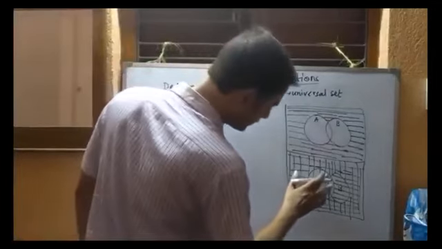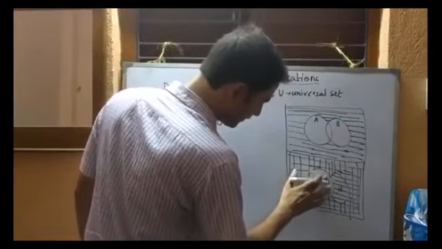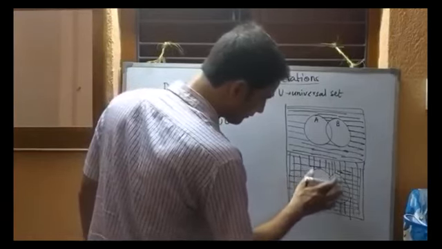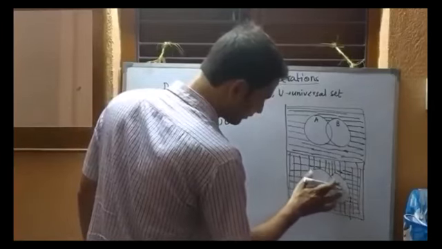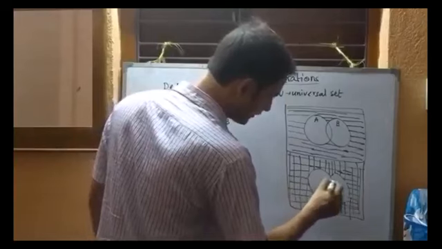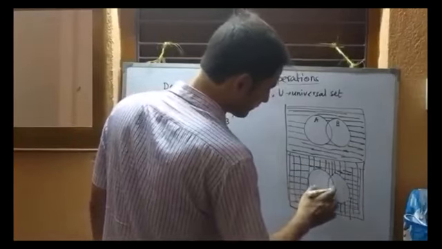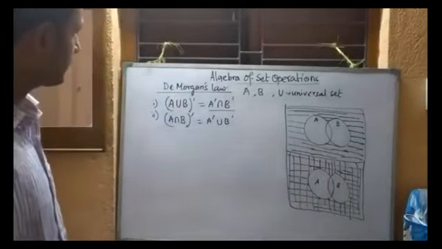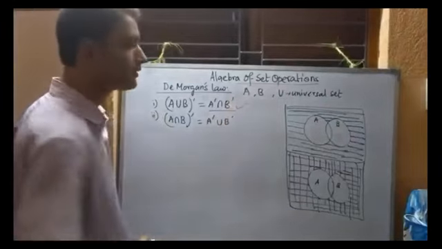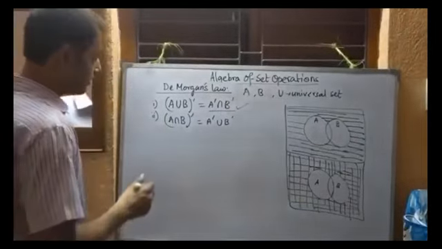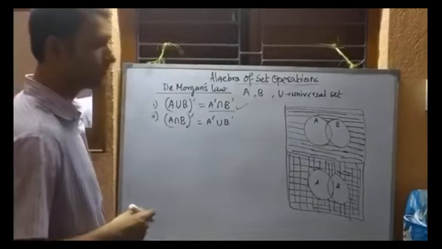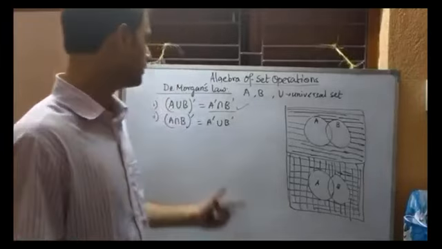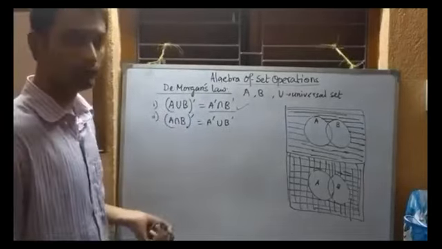And if I remove the inside part from this diagram, we see this Venn diagram. This is A and this is B. See, these two regions are the same. So we can say that this equality is clearly holding. We will prove the second part just as I have proved the first part, by drawing Venn diagrams. So this is called De Morgan's law.